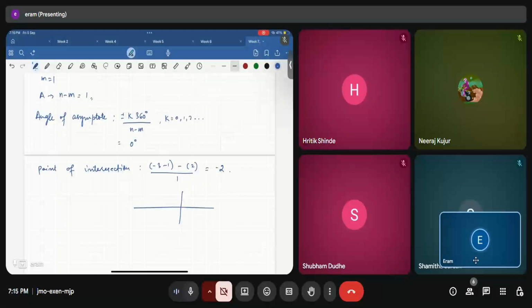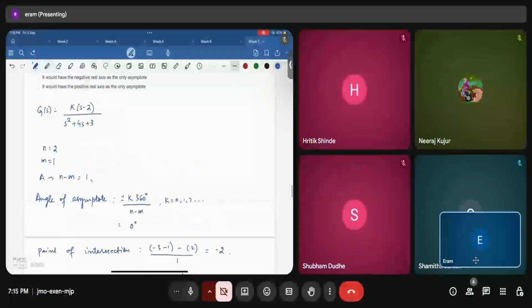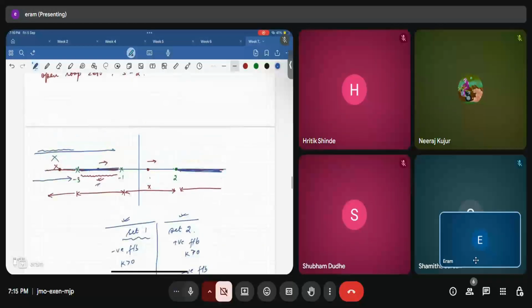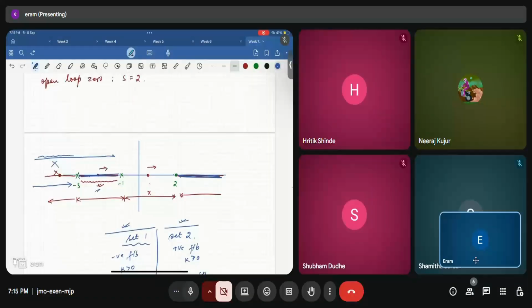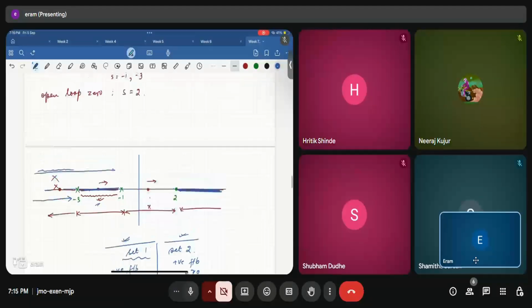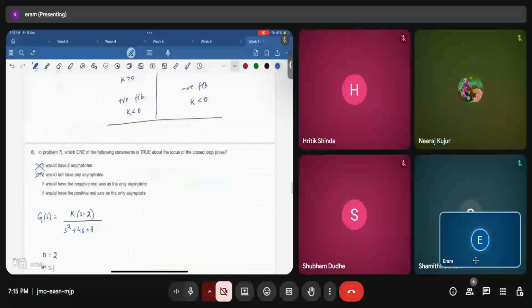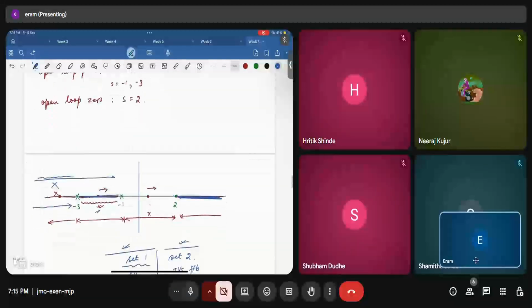Okay, so in our root locus it is going to meet at minus 2. So minus 2 will be this.